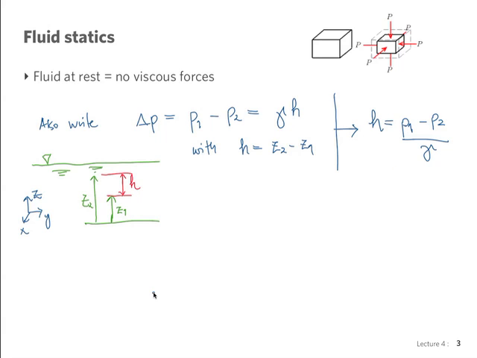I'm simply rearranging things a little bit. This is interesting, and it's very useful in engineering. It means that the pressure difference between 2 points can be associated with a height of a liquid, the height H that I've drawn here.